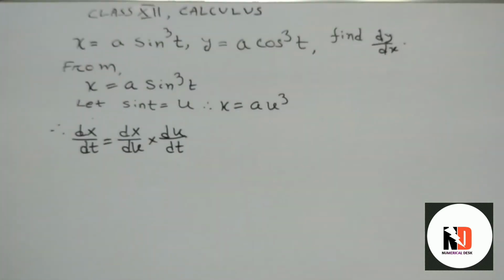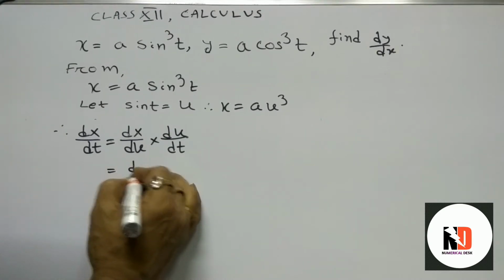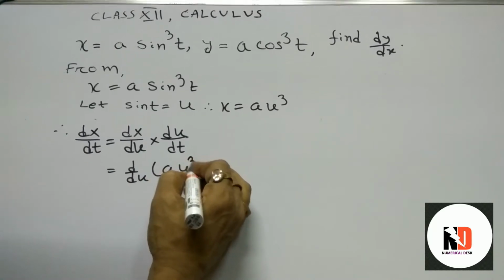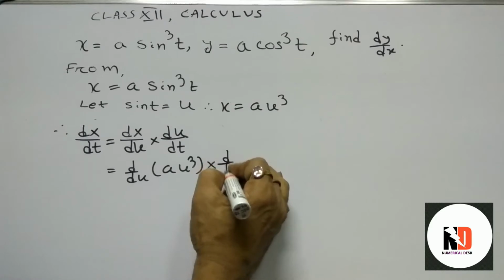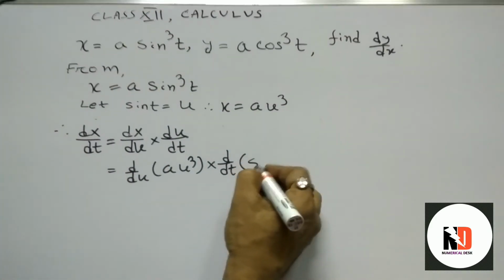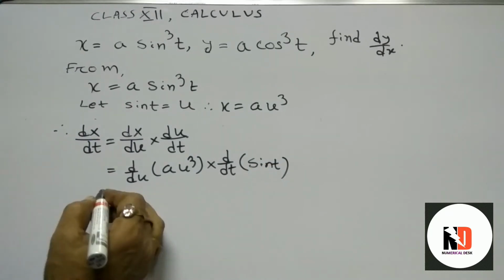And again we have to get the differentiation of u in the next step. So du by dt, du of a u cube, and dt of u is in terms of t, of course, so it is sin t. Sin t is a standard form, so the sum becomes easy.